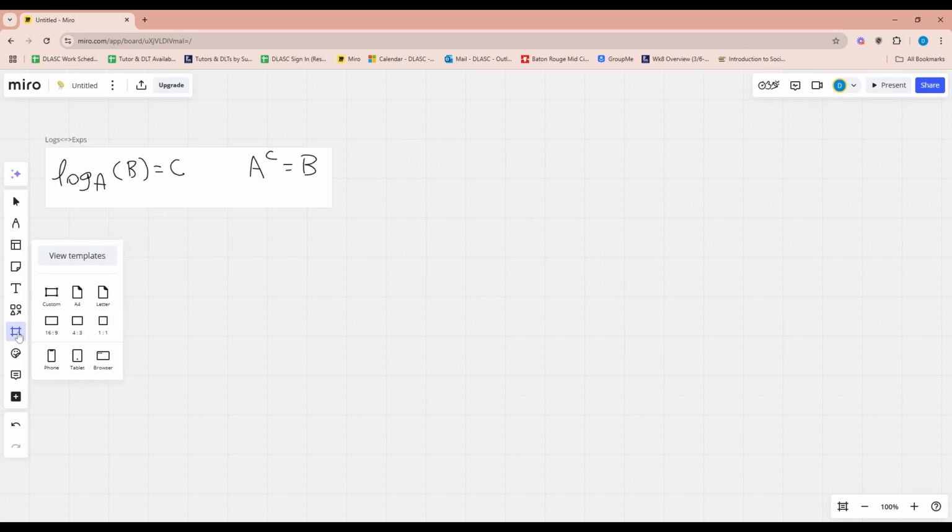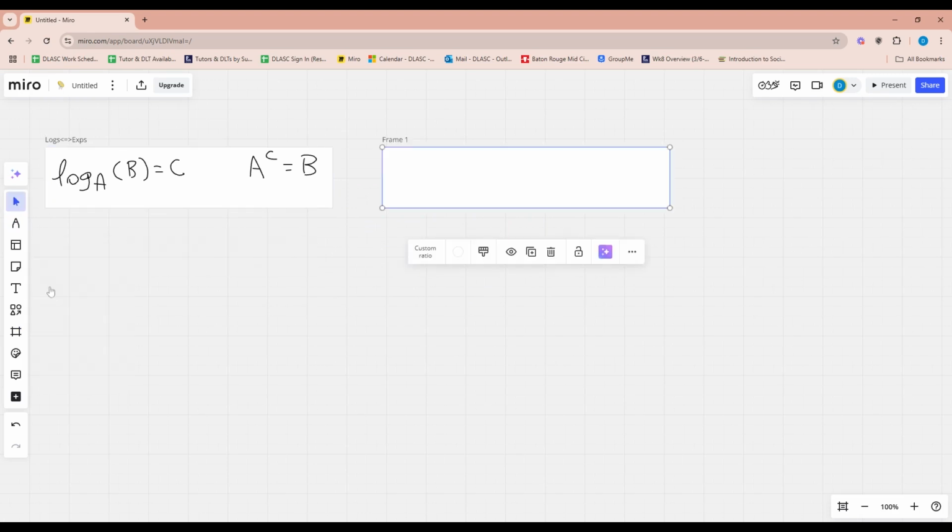Now we're going to talk about what the quotient rule is. The quotient rule is really similar to the product rule, and if you know the product rule, it's relatively intuitive.